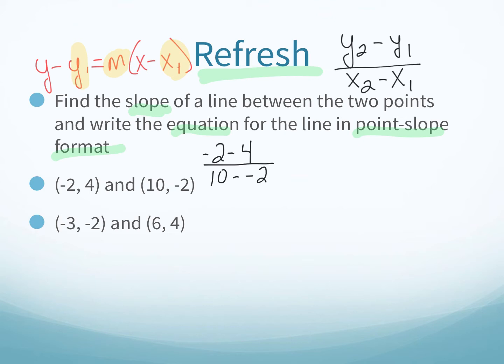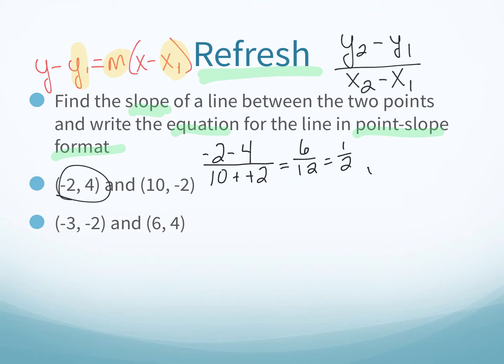Of course, minus negative becomes plus. Negative 2 minus 4 is 6. 10 plus 2 is 12. So my slope is 1/2. So I have my 1/2, and then I'm going to use this point to write my equation.